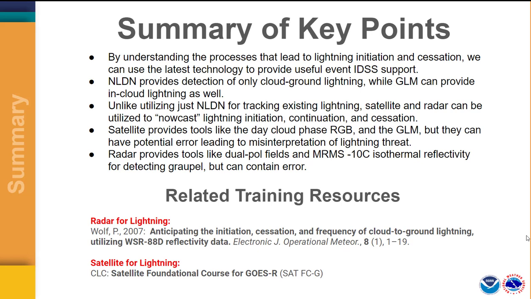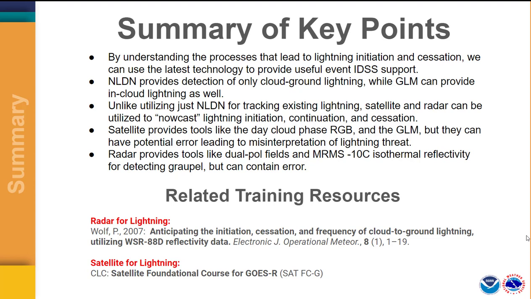Here's a summary of key points from this module. By understanding the processes that lead to lightning initiation and cessation, we can use the latest technology to provide useful event IDSS support. NLDN provides detection of only cloud-to-ground lightning, while GLM provides in-cloud lightning as well, which can provide some lead time ahead of cloud-to-ground strikes. Unlike utilizing just NLDN for tracking existing lightning, satellite and radar can be utilized to nowcast lightning initiation, continuation, and cessation.